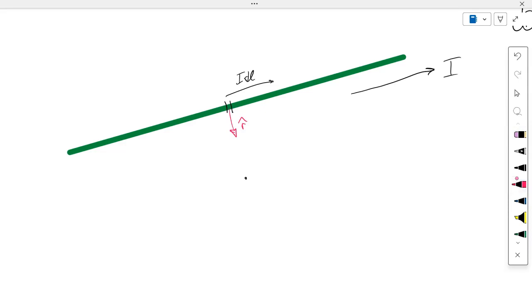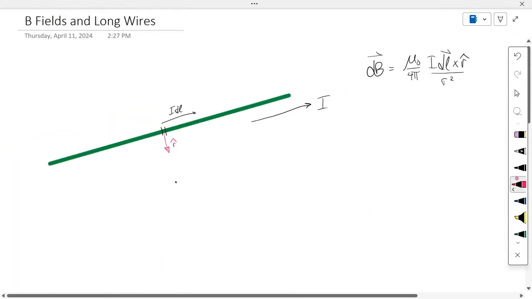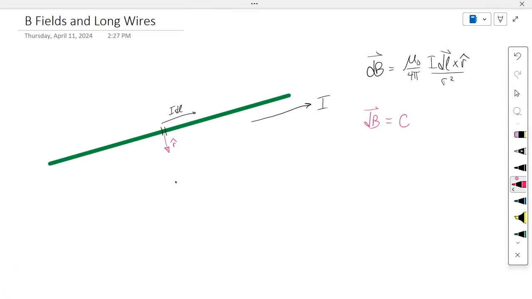Right-hand rule: dB vector equals constant stuff times this cross product. We curl our right fingers toward that direction, and my thumb at this location points into the screen.